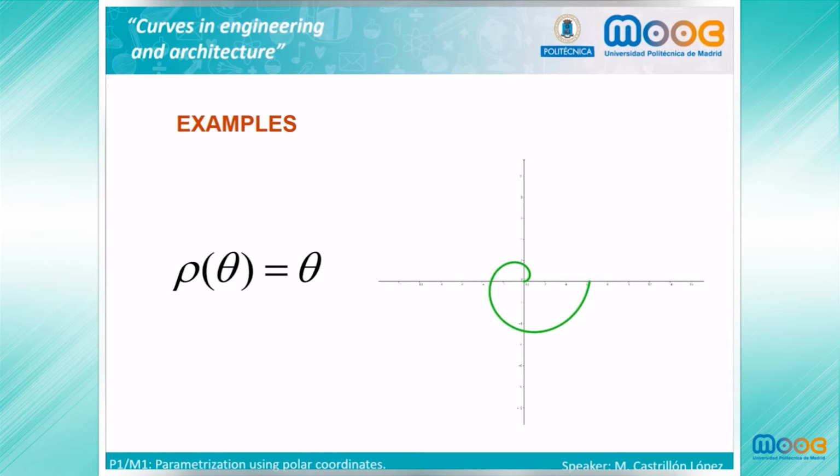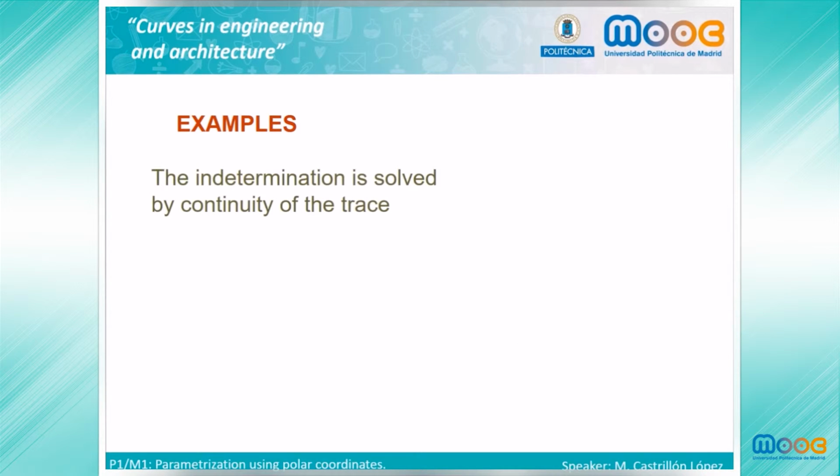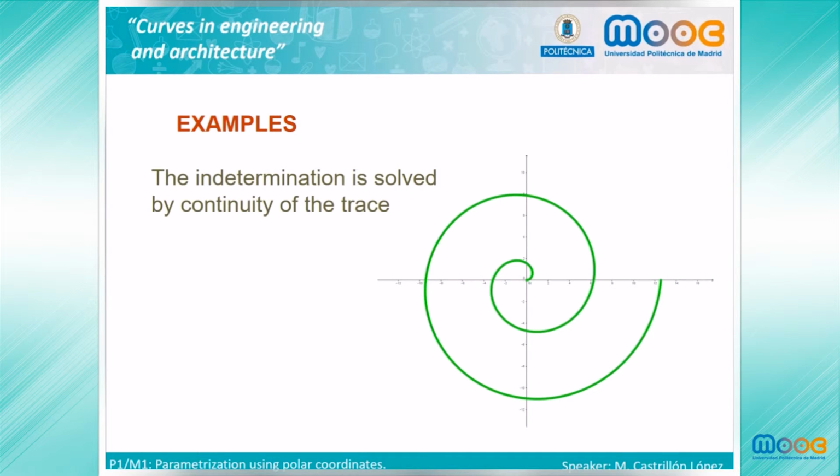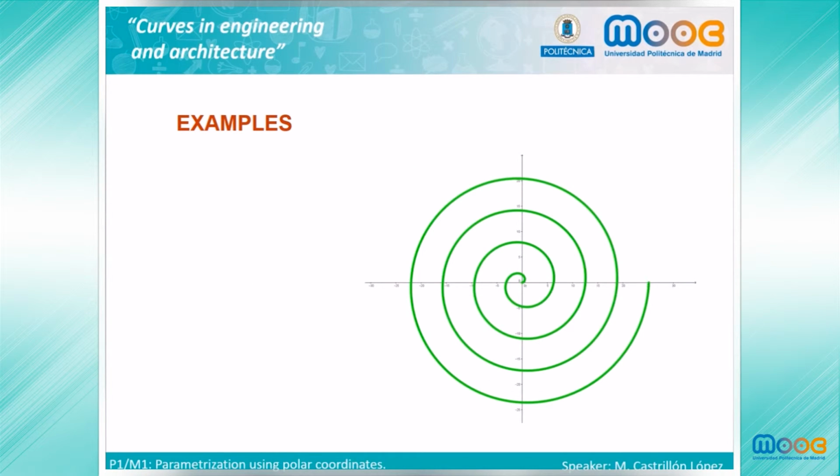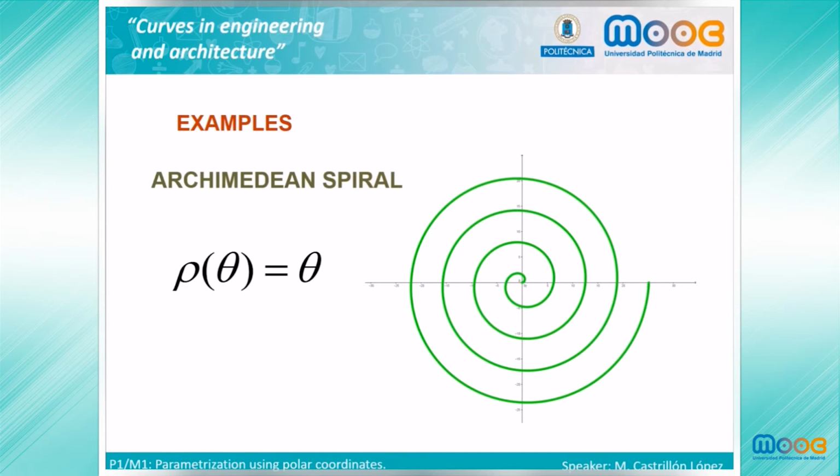Actually, there is an indetermination precisely at the value 2 pi. But that indetermination can be solved using continuity. And now we can go from 0 to 4 pi. Or even bigger. We can go till infinity, and we have a very famous spiral called the Archimedean Spiral.